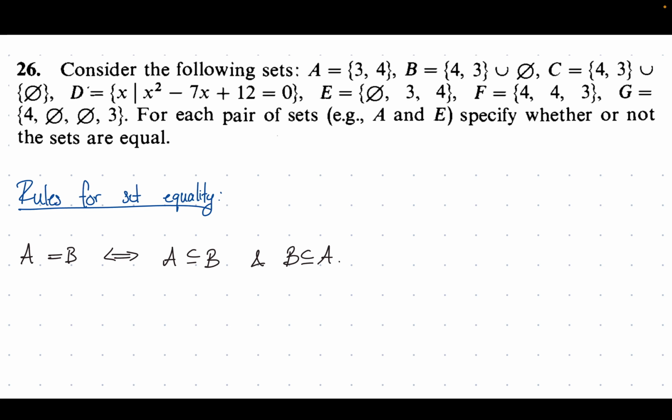For instance, sets with repeated elements, so the set 1, 2, 1 is equal to the set 1, 2. Because if you go through each one of these elements and check whether it's in here, then you find that the left set is a subset of the right set.